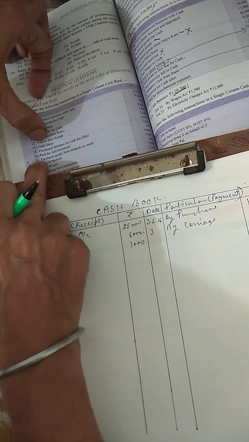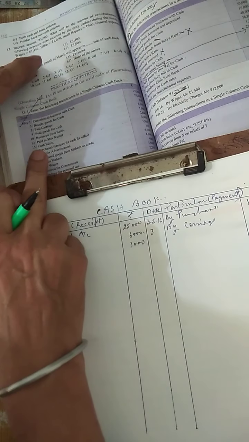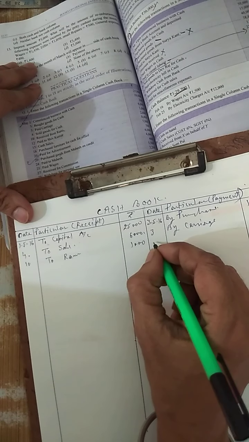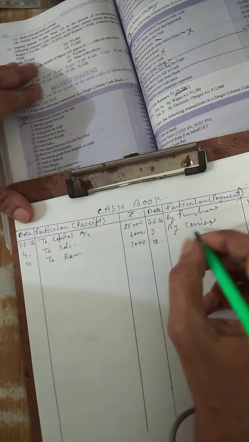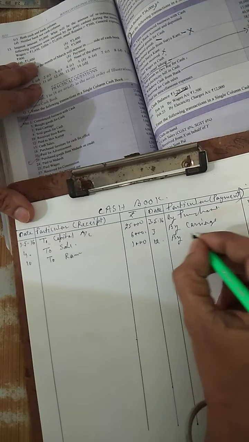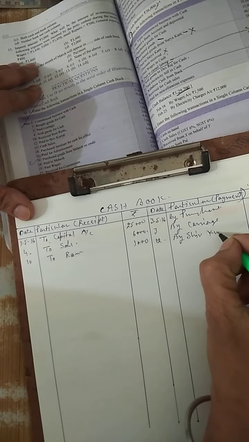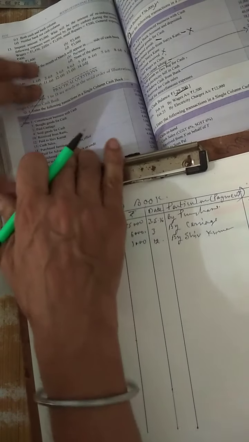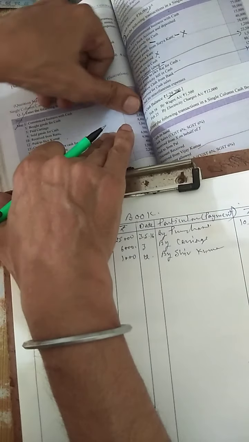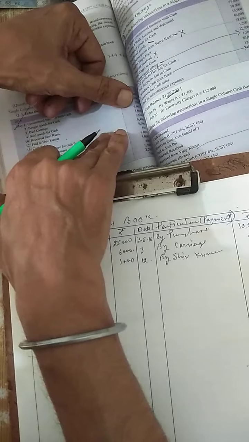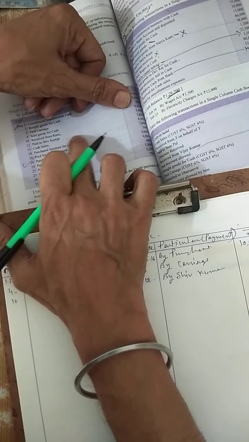Paid, it is a transaction of payment. So we will write in payment side, by Shiv Kumar. The amount is 2600.